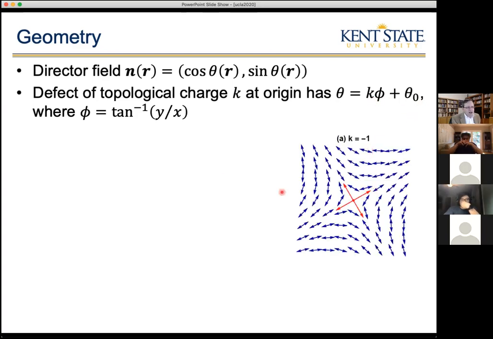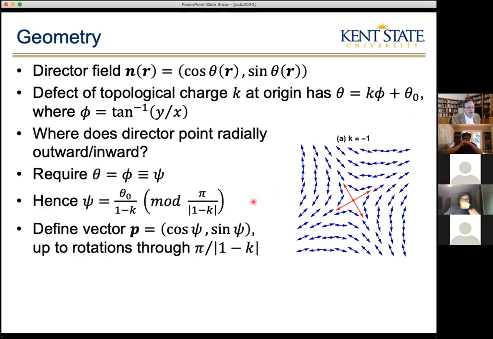Okay, and then if we just want to characterize where does the director point, radially outward or inward, we can solve for that. Okay, so that makes a set of outward, radial pointing directions, which are defined modulo pi over the absolute value of 1 minus k.